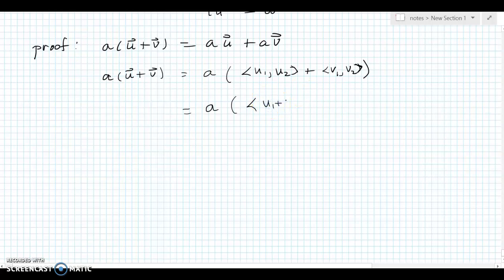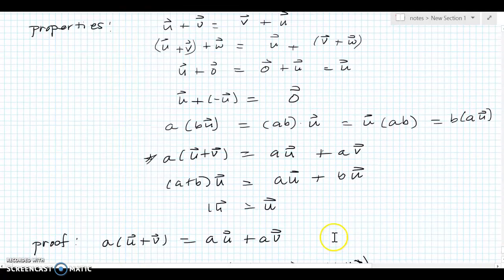So U1 plus V1, comma, U2 plus V2. I have that. And I have the A. I know that my A can distribute into my components.